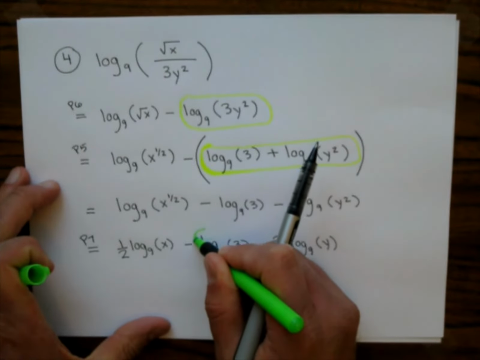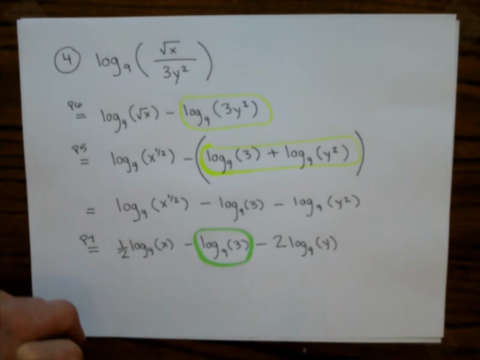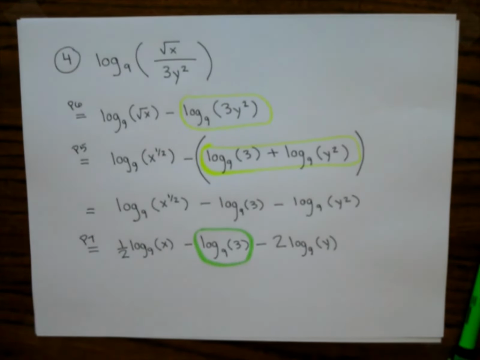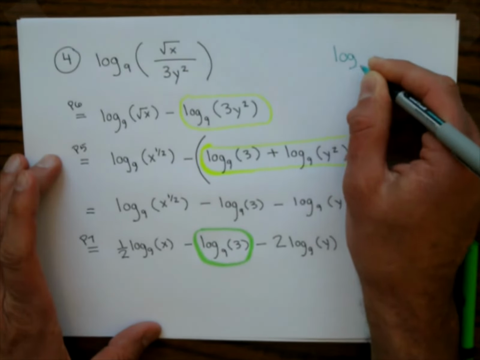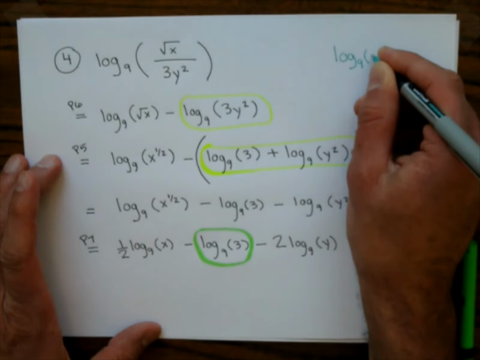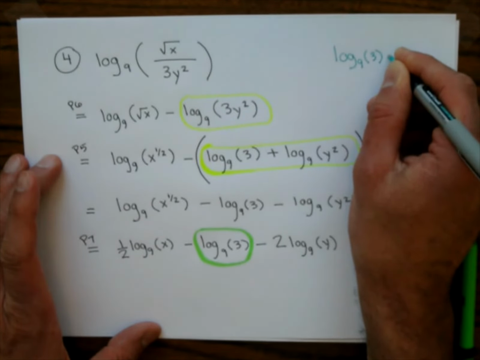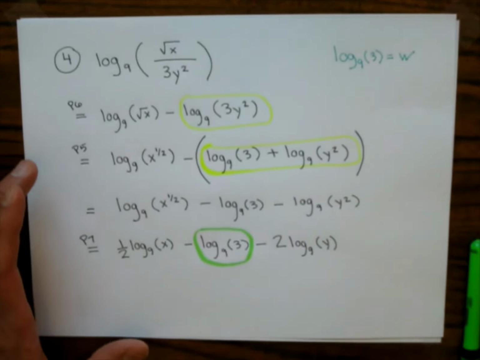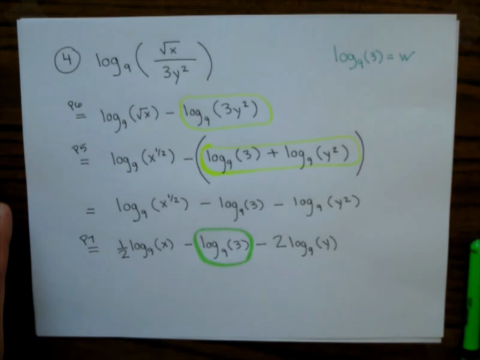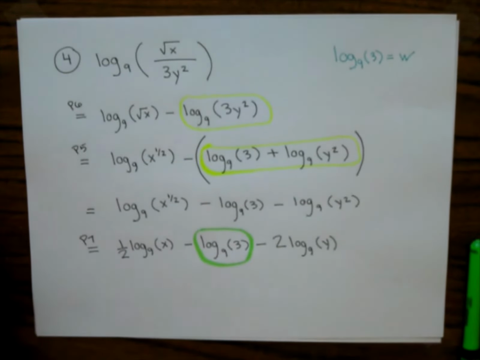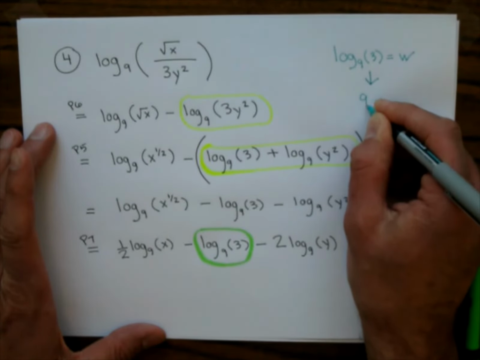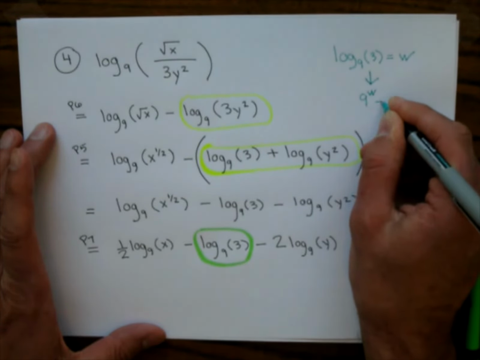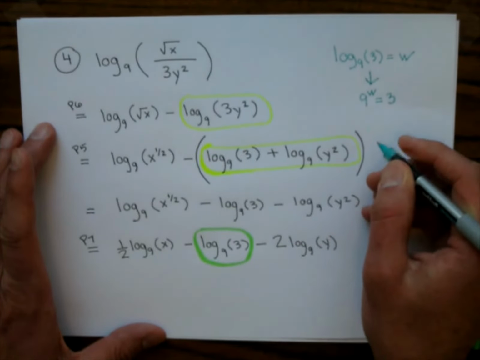I'm going to circle this in green, and we're going to take it up here. Say log base 9 of 3 equals w. It's going to be good enough for government work. I'm going to go ahead and change Superman to Clark Kent. 9 to the w equals 3.